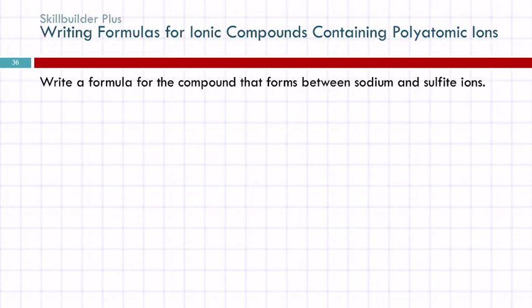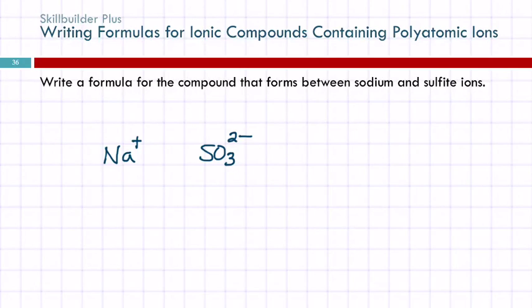How about sodium and sulfite ions? Well, what's the symbol for sodium? Na. And what group is it in? It's in group 1A, so it has a +1 charge. Sulfite. I didn't make you memorize that one. That's SO3 with a 2- charge.